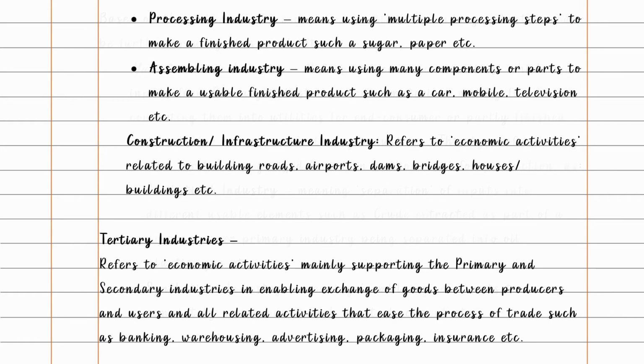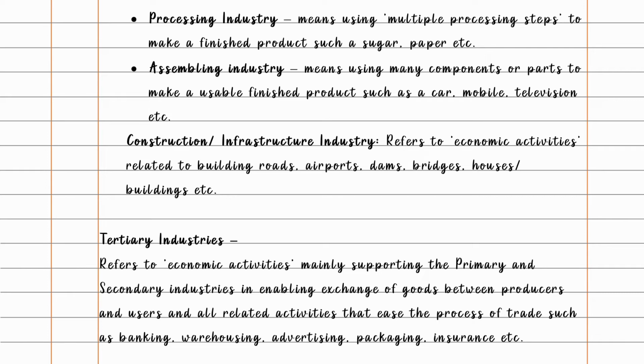Moving forward, processing industry. Now, what we've done in the first two cases is that we've split the product. In the second case, we've combined the product. Now, this is the third case wherein we are saying that we convert the product using multiple steps to come up with the finished product. So let's say sugar.